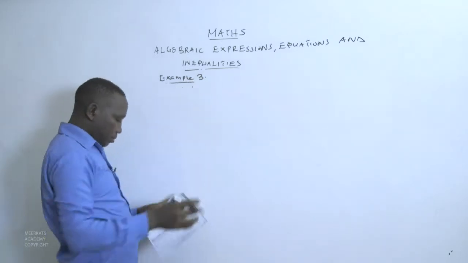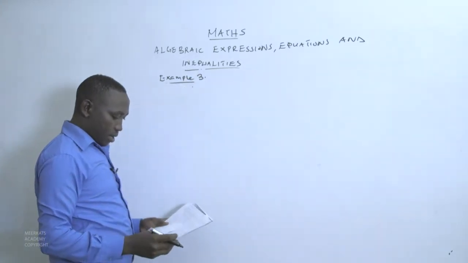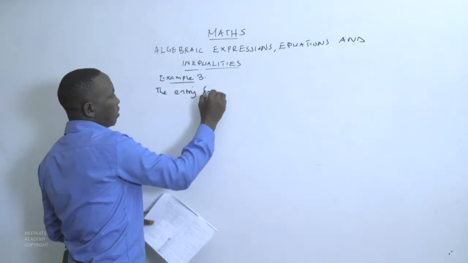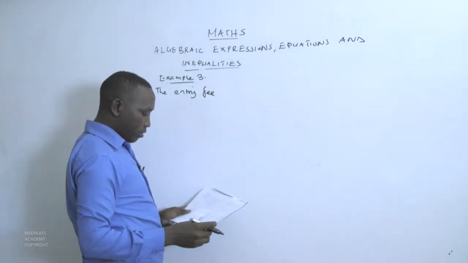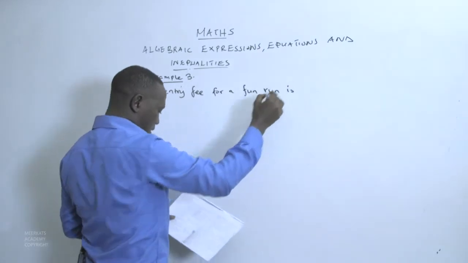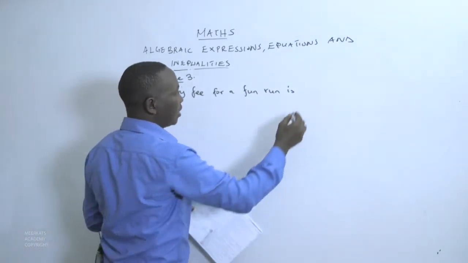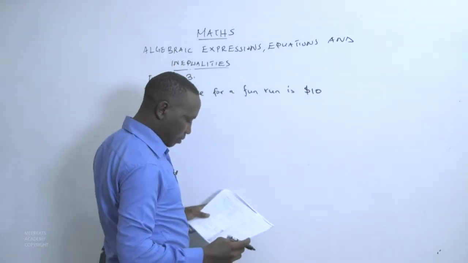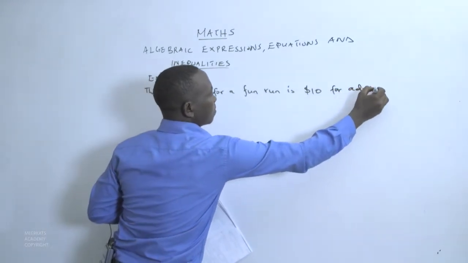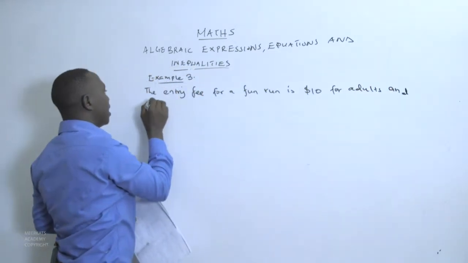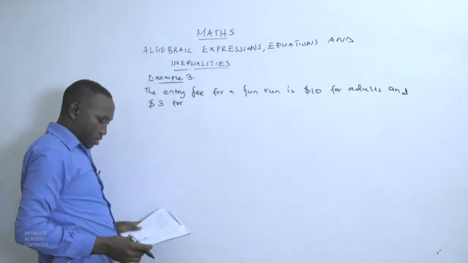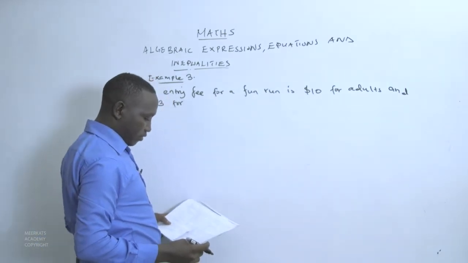Example 3. The entry fee for a fun run is $10 for adults and $3 for children.